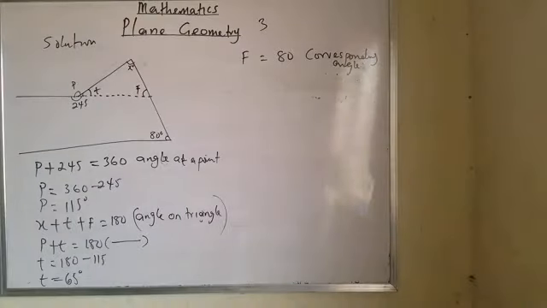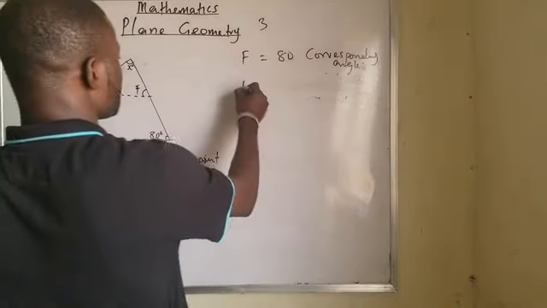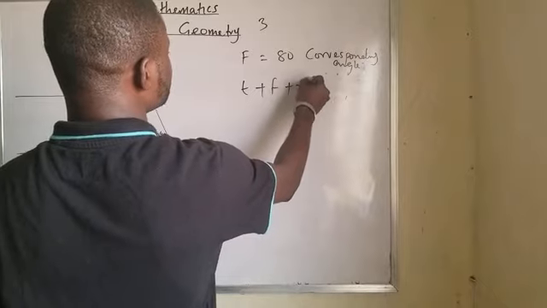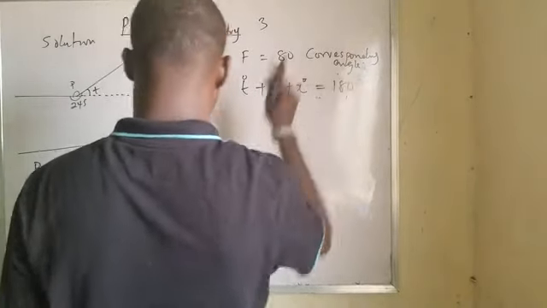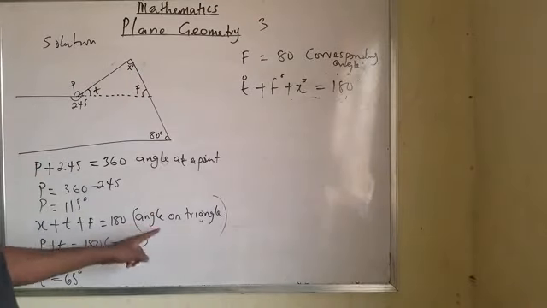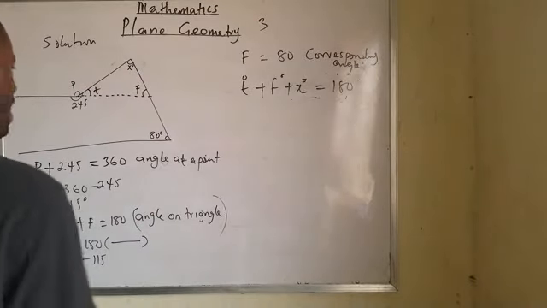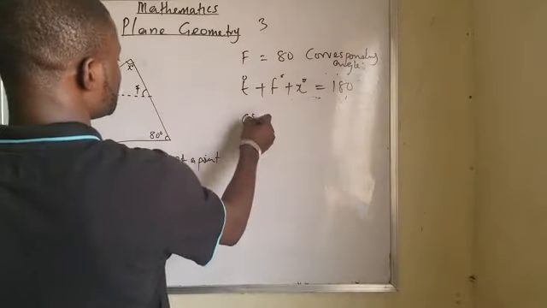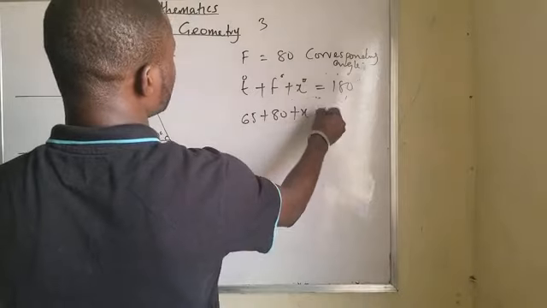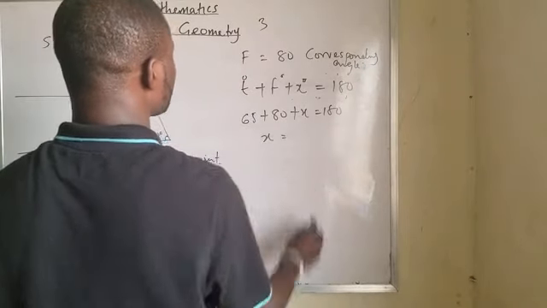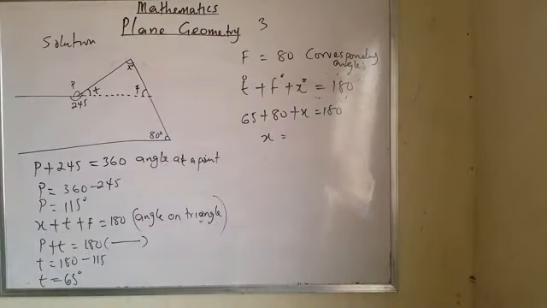Now, since I know that is the case, I can say that my T plus F plus X, all in degrees, equals what? 180, angle sum on the triangle. I have my F, I have my T. It means 65 plus 80 plus X equals 180. 65 plus 80 is 145.